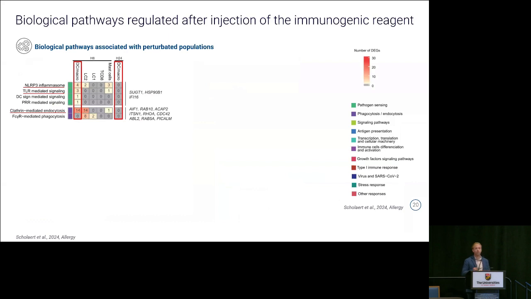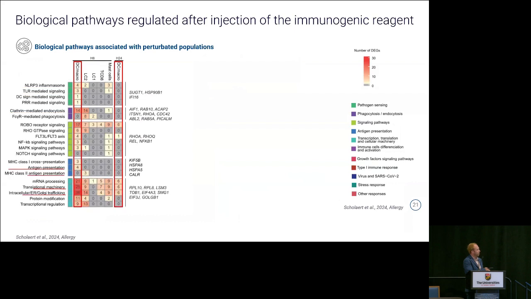So when we look at how those dendritic cells and macrophages are affected by the immunogenic stimulation, we could find that after the injection, you have activation of detection systems, TLR-mediated signaling, obviously the NLRP3 inflammasome, and clathrin-mediated endocytosis, and we know that it's the major pathway for incorporating LNP particles into cells.